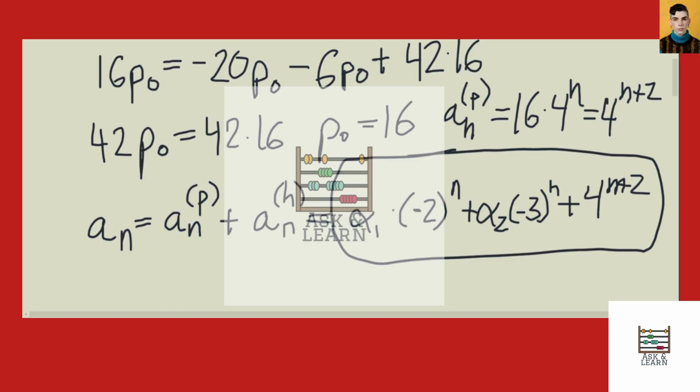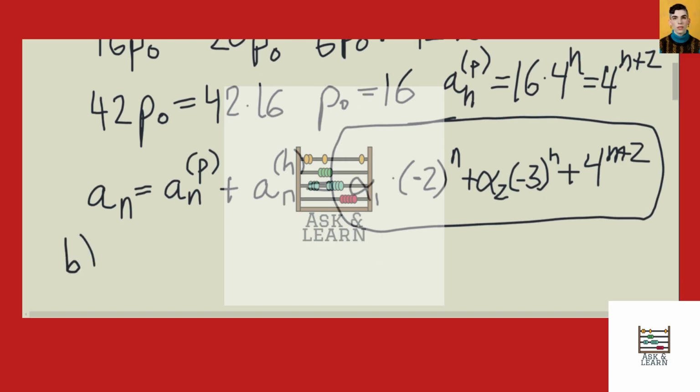In part B, we're asked to find the solution of the recurrence relation from part A with initial values a1 equals 56 and a2 equals 278.